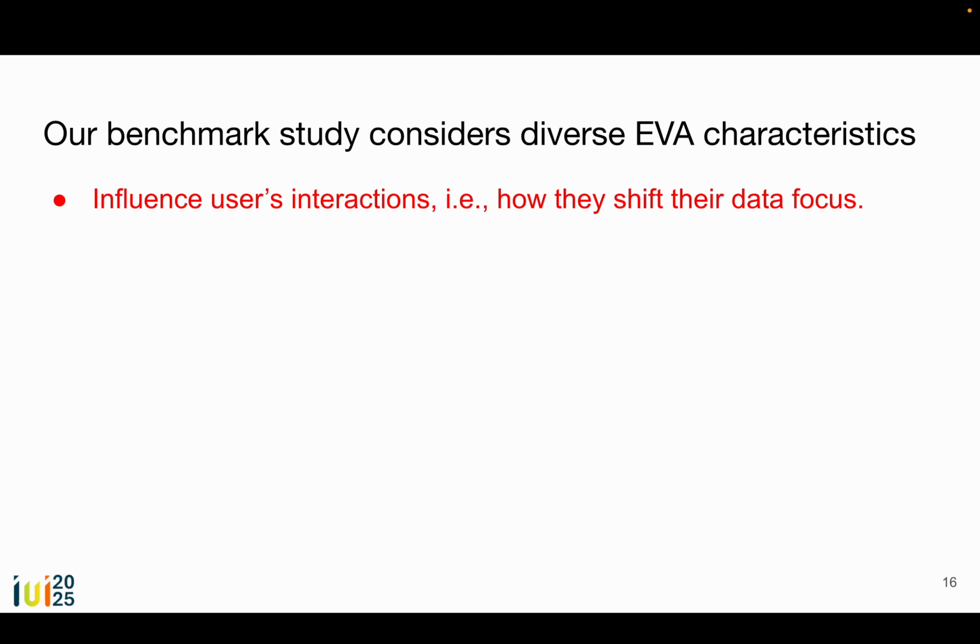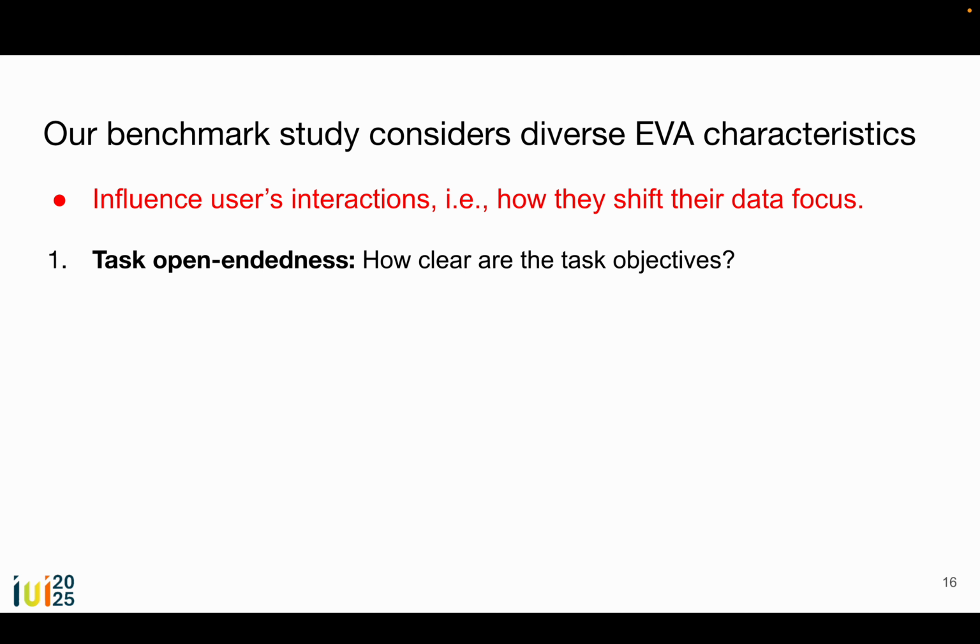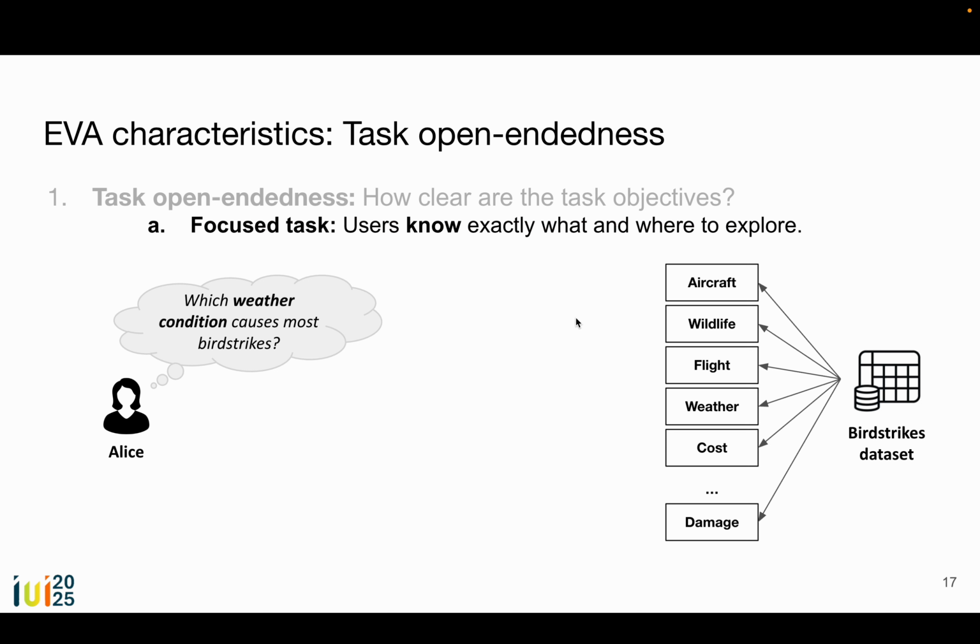Now we will go into some of the EVA characteristics, and the first one is task open-endedness. It defines how clear the EVA task objectives are. Based on that, we can divide task open-endedness into two categories: focus task and open-ended task. In a focus task, users know exactly what and where to explore.